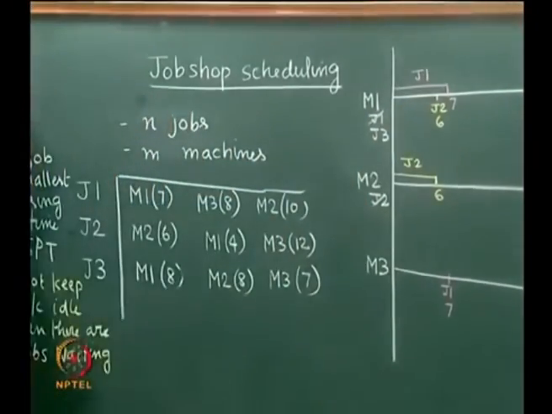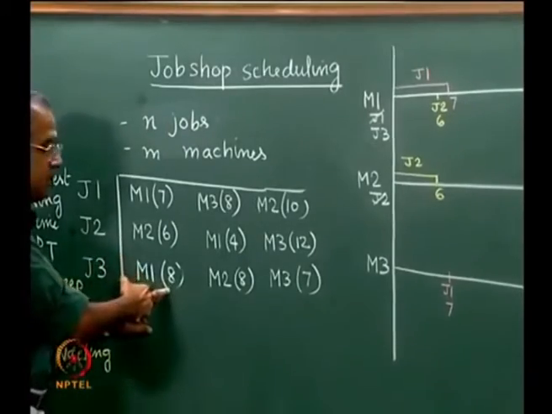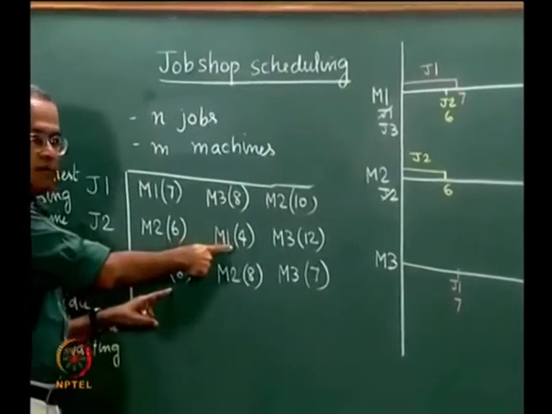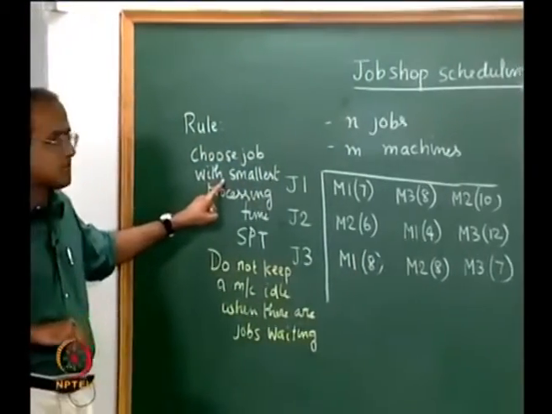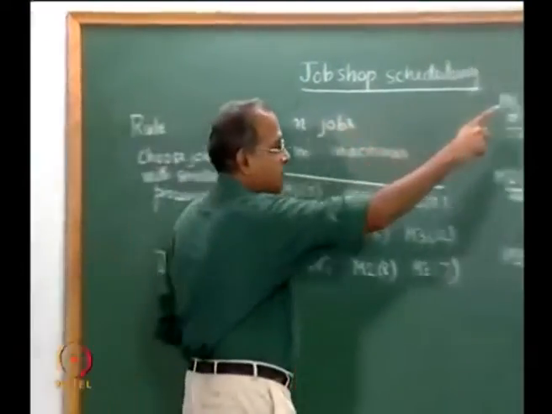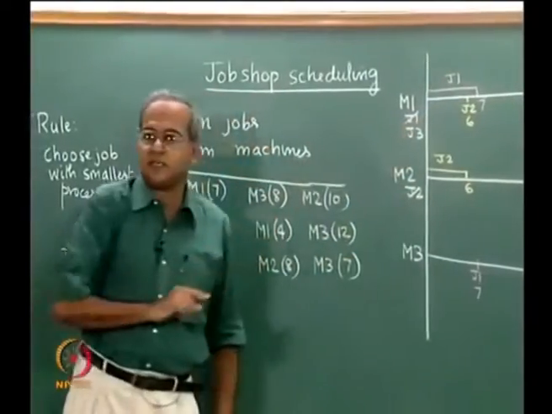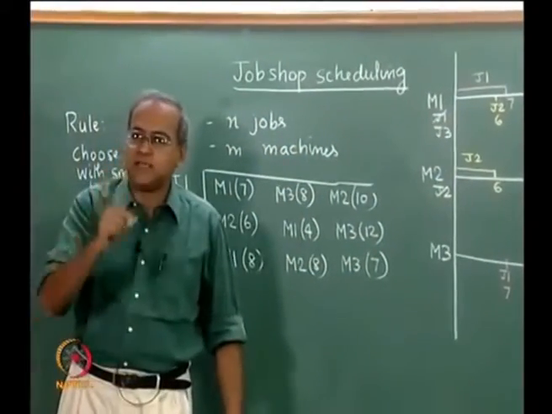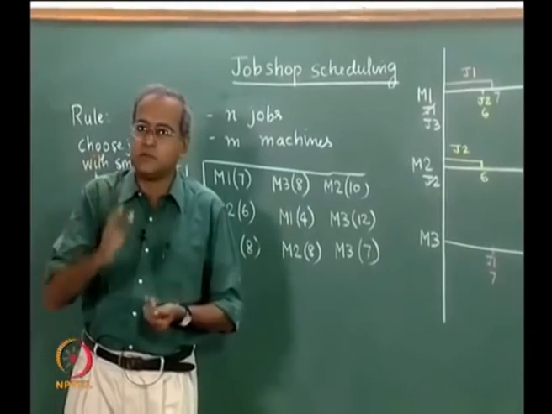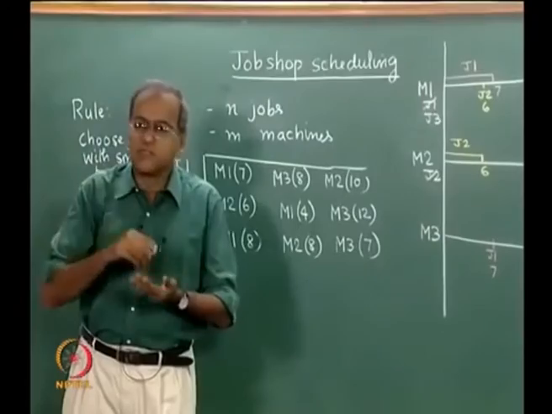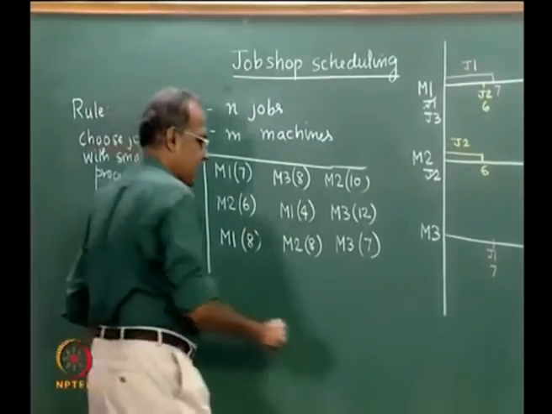So, the clock shifts to time equal to 7 where on M1 we have J3 waiting, we also have J2 waiting. J3 requires 8 units of time, J2 requires 4 units of time. So, based on the shortest processing time rule, we would choose J2 ahead of J3 even though J3 came earlier. The rule that we use consistently is to choose the one with the smallest processing time. So, we would choose J2.